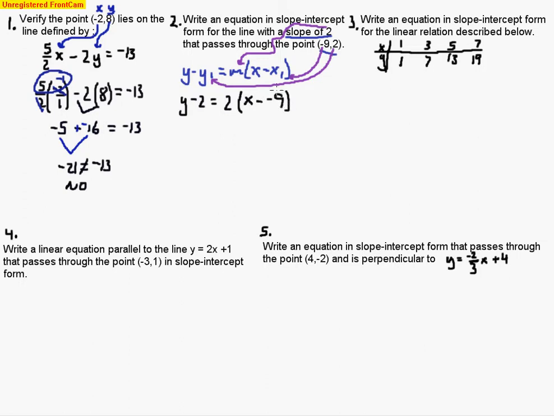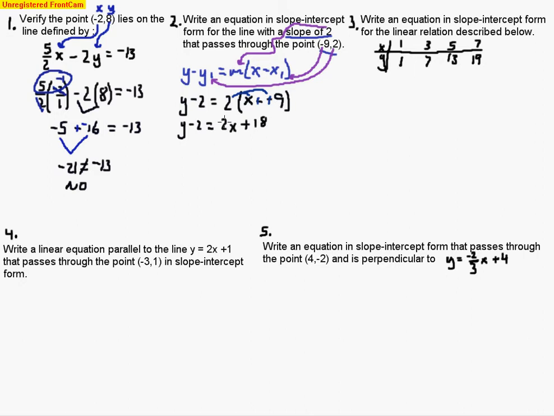As I said before, you always want to change those minus negatives to plus positives. And then we'll also distribute that 2 over that addition. So when we do that, we've got y minus 2 equals 2x plus 18.